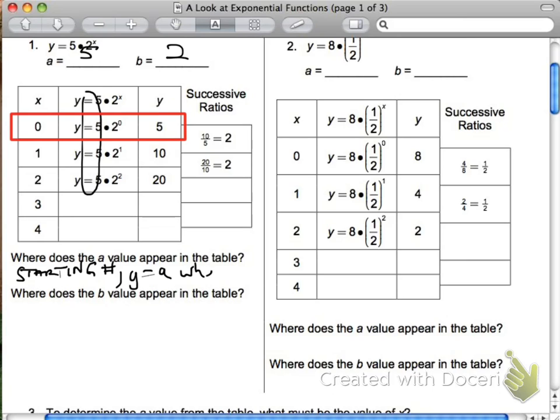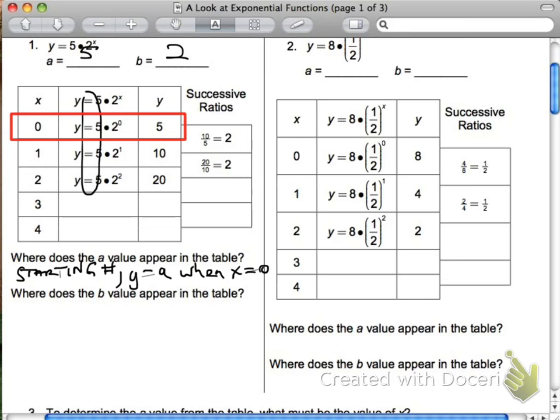when X equals 0. So then would your A be your... Yeah. Very good, because you guys are connecting that when your X is 0, you have a Y-intercept. So now you have a Y-intercept because X is 0, and A is also your Y-intercept.